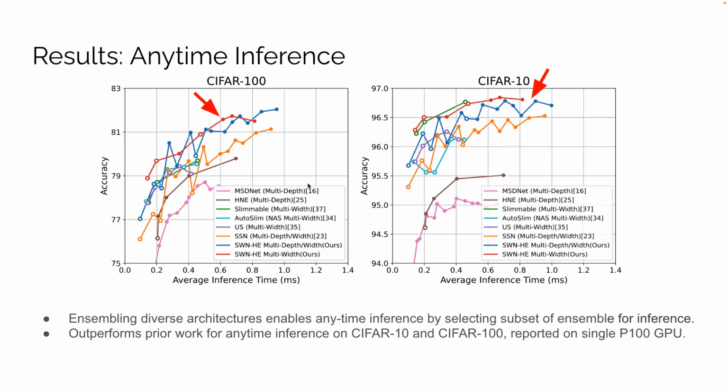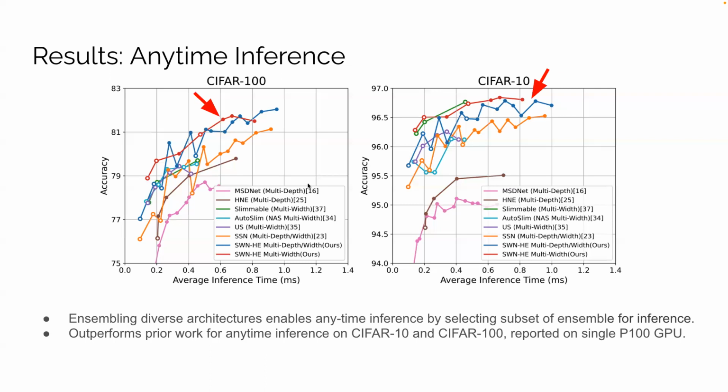The red and blue lines represent SuperWeight networks in their heterogeneous ensemble form, and which outperform prior work on CIFAR in terms of anytime inference. On the y-axis, we have accuracy, and on the x-axis, we have average inference time reported on a single P100 GPU.